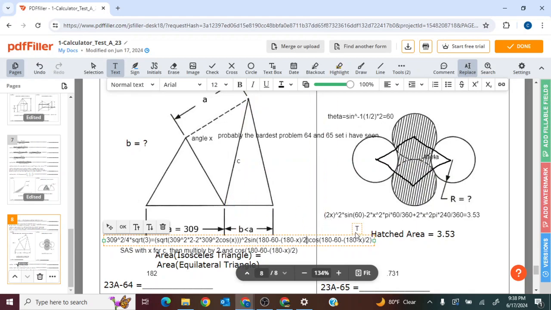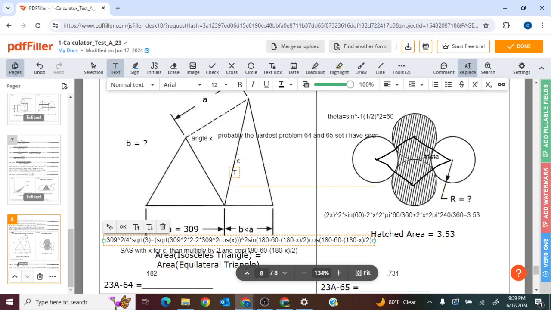If you multiply those together, that is the area of a triangle, I believe. Then if you do that, you finally get your angle x. Make sure you have a guess that's above 90 degrees. Otherwise, you'll just get 60 again.